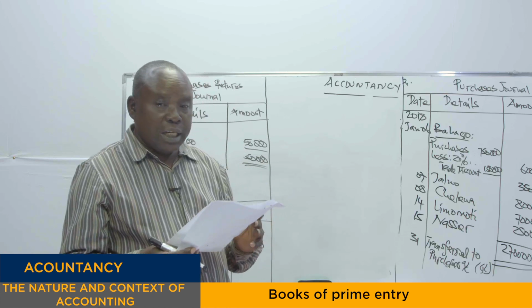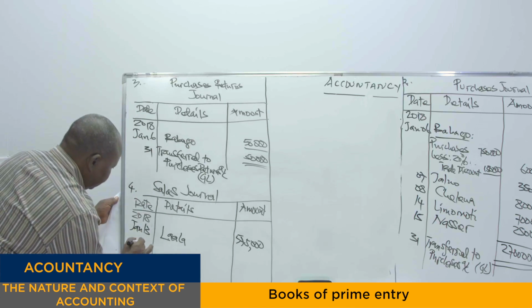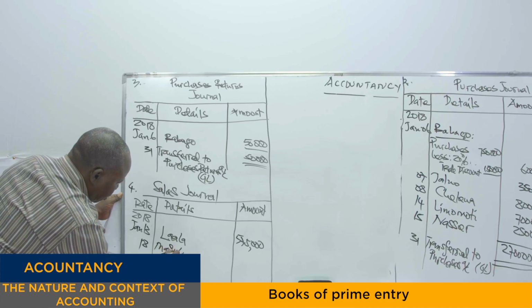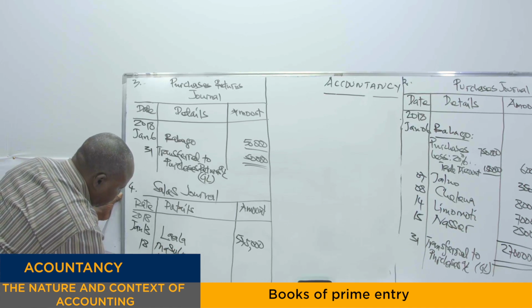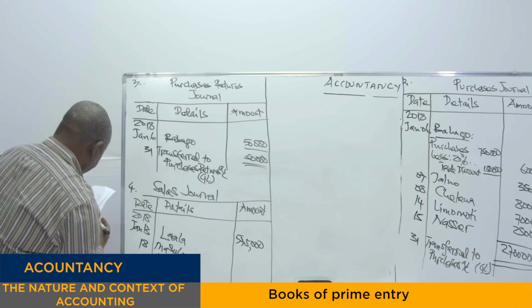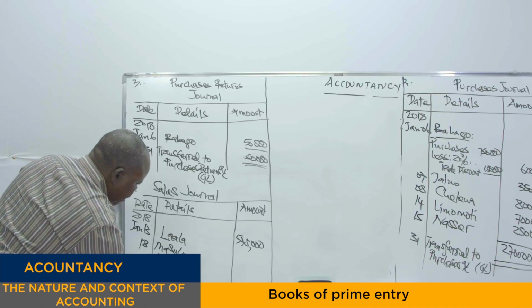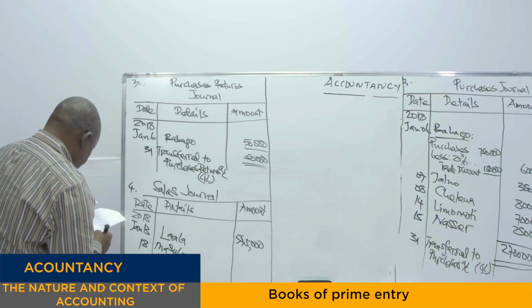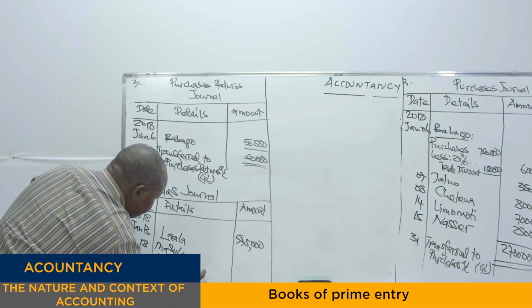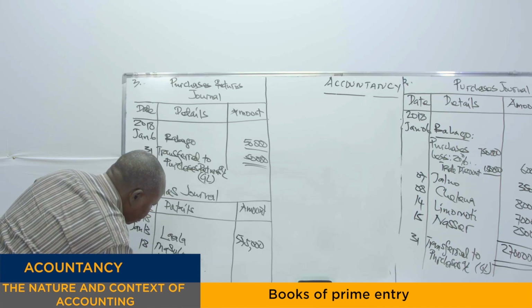So we write now on 18th January, Masuka, less 10% trade discount.